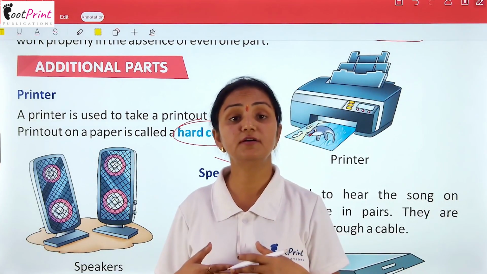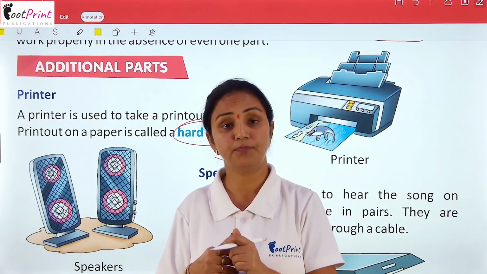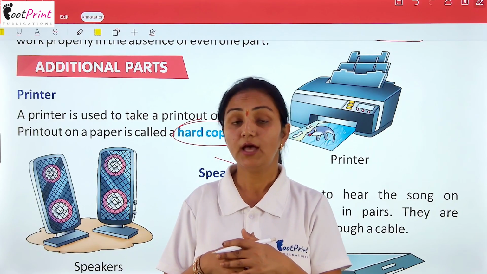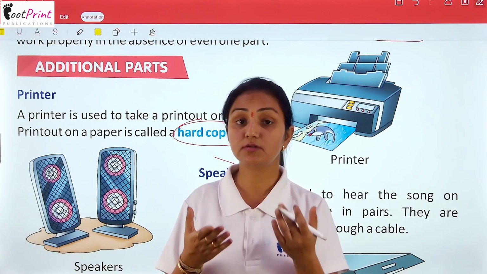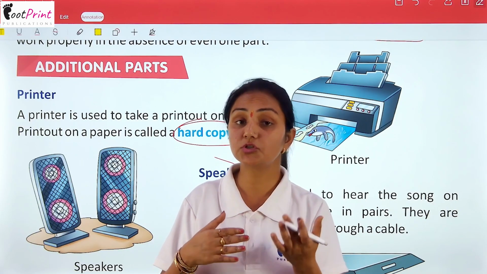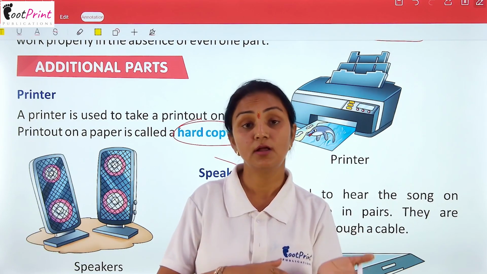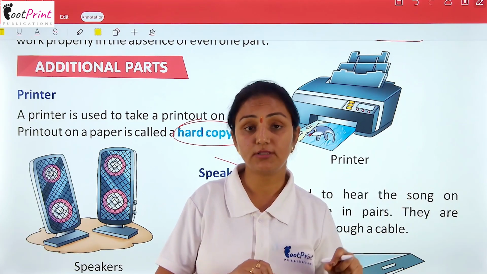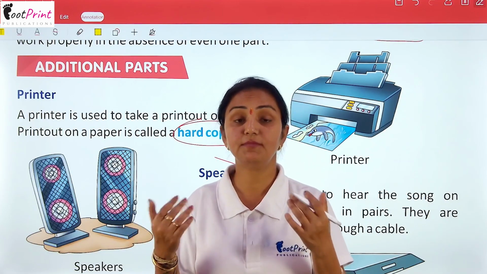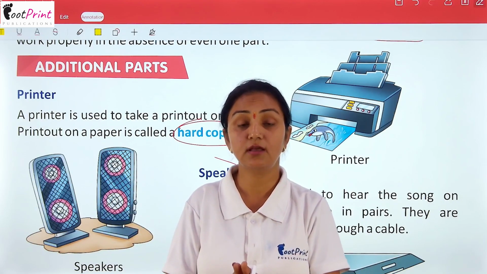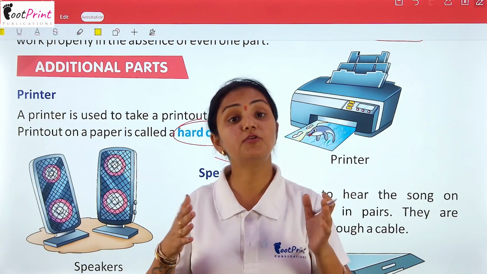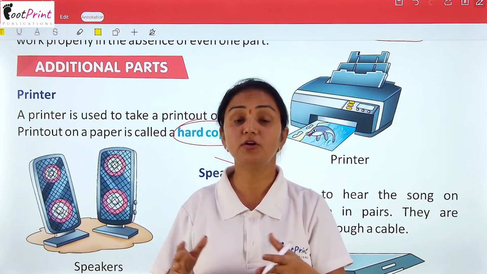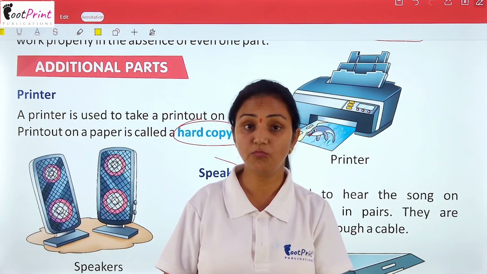Students, whatever the work you used to do on the computer, like you are drawing a picture and you want to show the results to your family members, you can just call them up and you can just show, देखिए मैंने क्या किया, मॉनिटर पे खोल के दिखा सकते हैं. But the same work, if you want to show to your teacher, you cannot call your teacher at home, right?